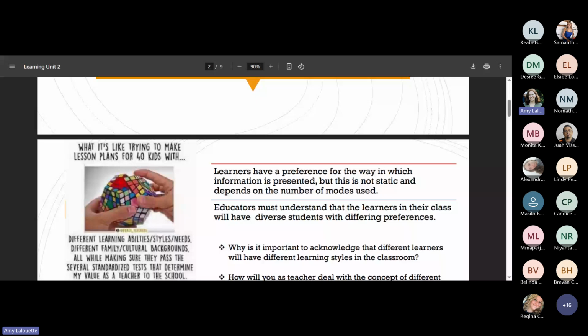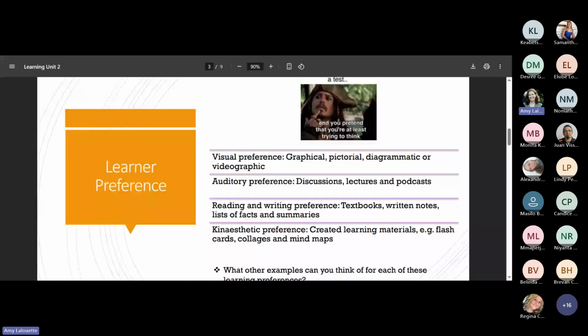So if you are a visual learner, so these are the types of preferences: visual, auditory, reading and writing, or kinesthetic. If you have a preference for kinesthetic learning, that does not mean that every single time you are taught something or you want to study something, you have to study it in a kinesthetic way. No, there are times where you actually would prefer to learn it in a visual way.